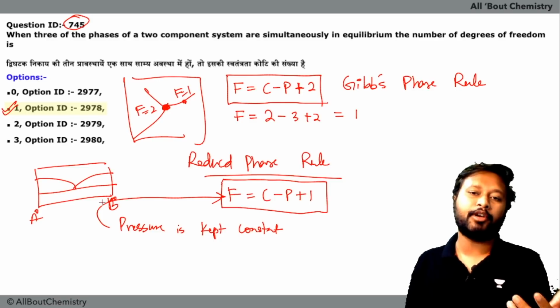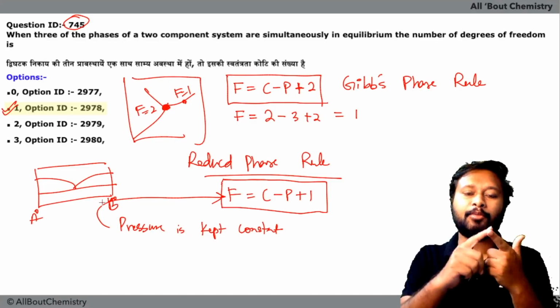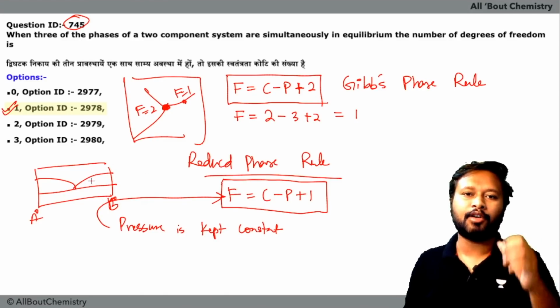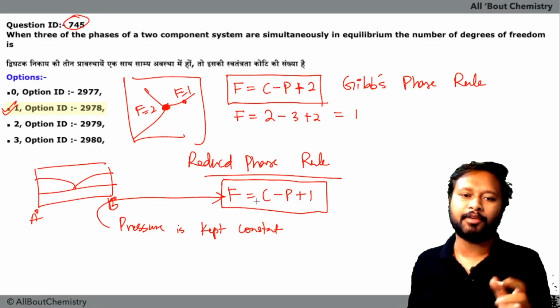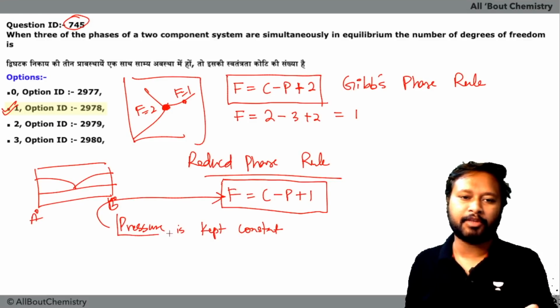So the third variable is mole fraction. So temperature, pressure, and mole fraction, three things are there. Now since you are not using the pressure, one variable is reduced, and that's why the formula becomes F = C - P + 1, because you are not using one of the variables, keeping pressure constant.